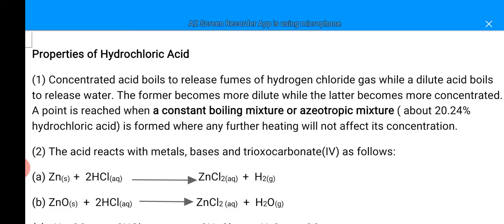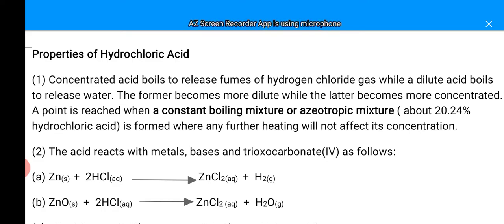Now, when the boiling process gets to a stage for concentrated acid, the concentrated acid, that is the former, becomes more dilute because hydrogen chloride gas will be released from it, while the latter, that is the dilute acid that you are boiling, will become more concentrated because water will be going out from it.